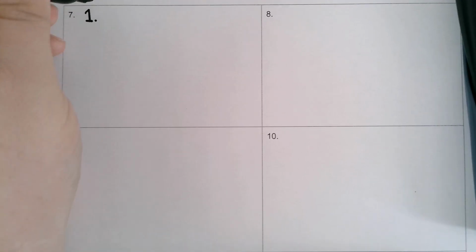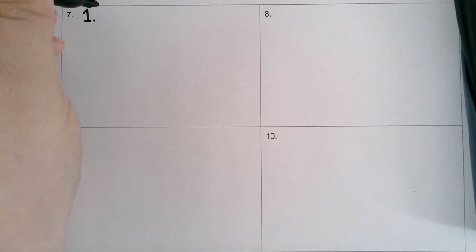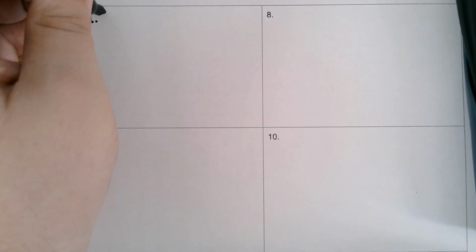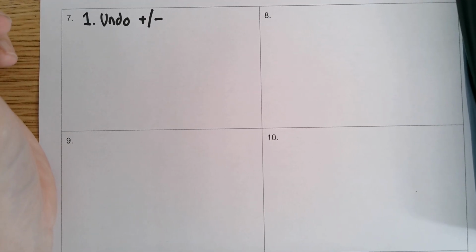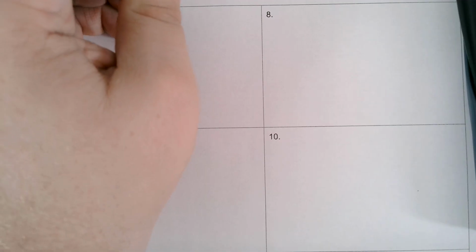So to solve a two-step equation, step 1, you have to undo your addition and subtraction, to remove the constant.